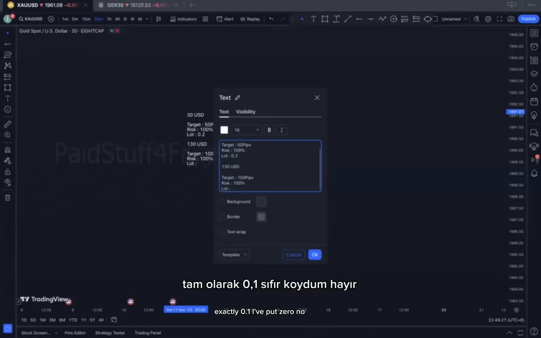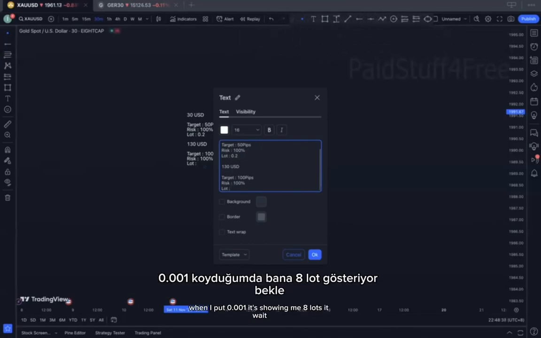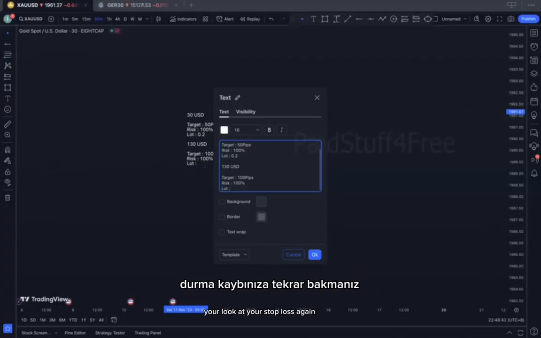When I put 0.001, it's showing me 8 lots. Wait, look at your stop loss again, 150 or 15? Oh, okay. 0.87 or 0.86, something like that, right? Yeah, 0.87.